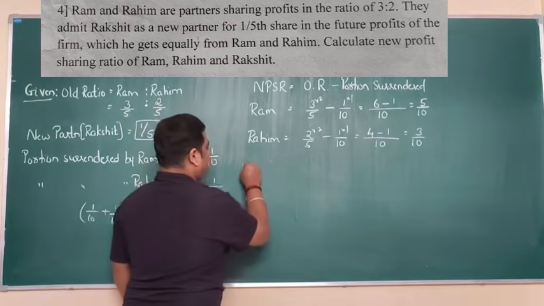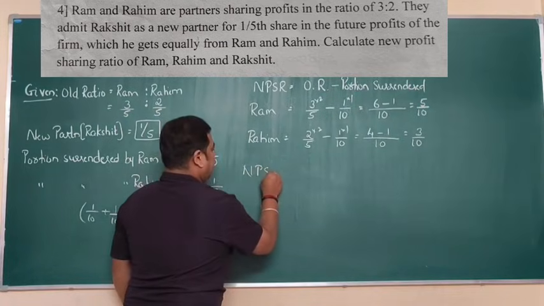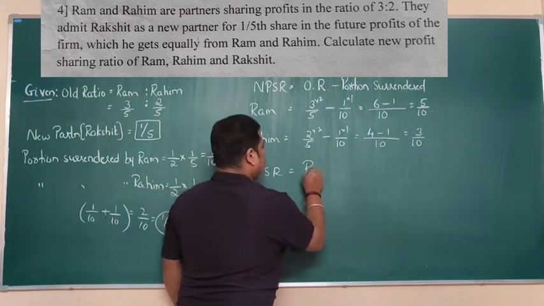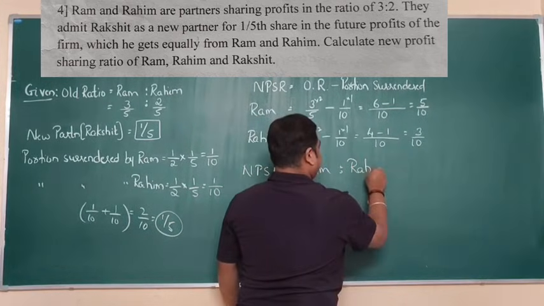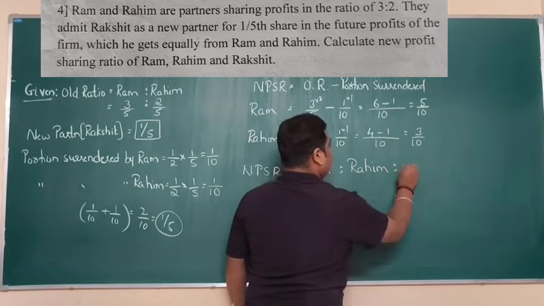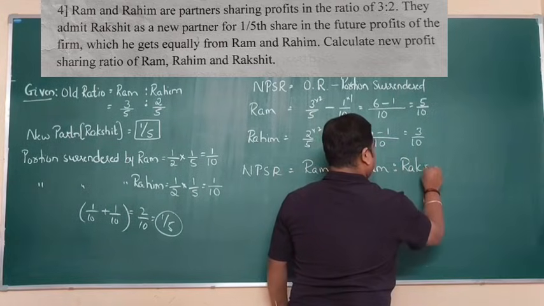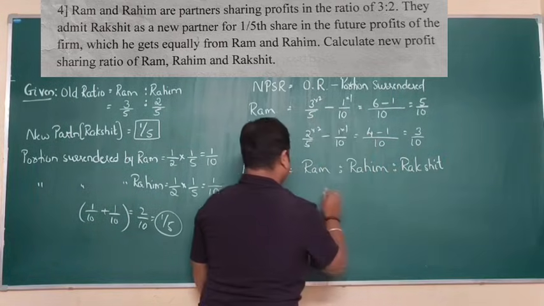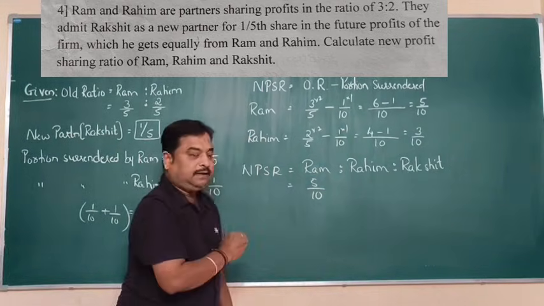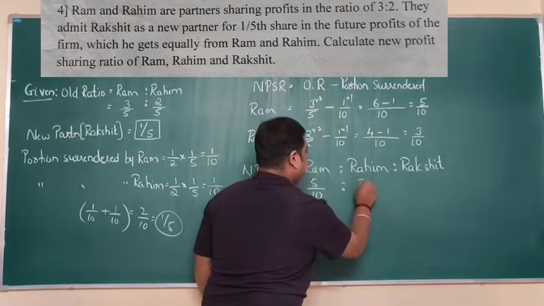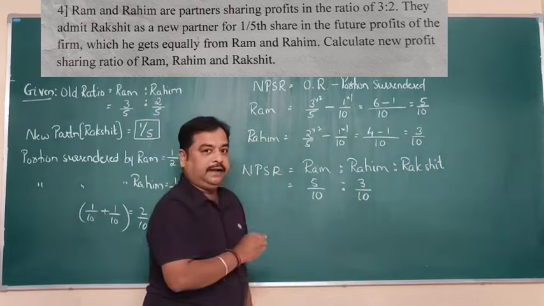Now final presentation of the answer. NPSR is equal to Ram is to Rahim is to Rakshit. What is Ram's new ratio? 5 by 10. Rahim 3 by 10.